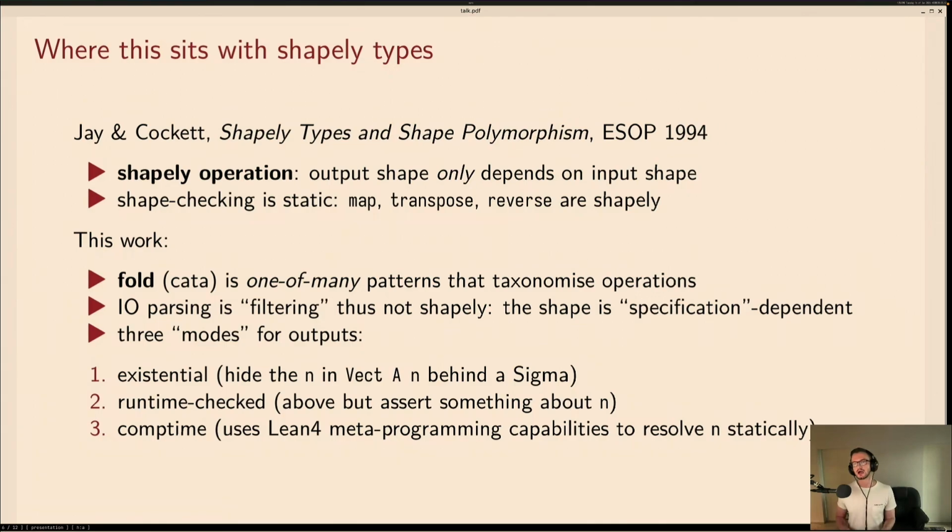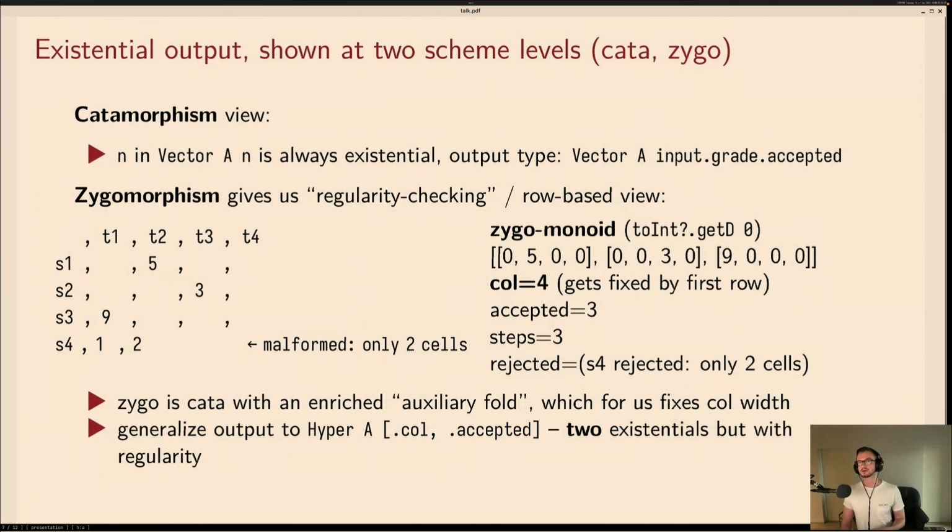And then later on, I will show these 3 other ways in which we have the modes for outputs regarding what we will actually see in Lean. So the first one is just the existential output. But now I'm showing another refinement of a recursion scheme called paramorphism.